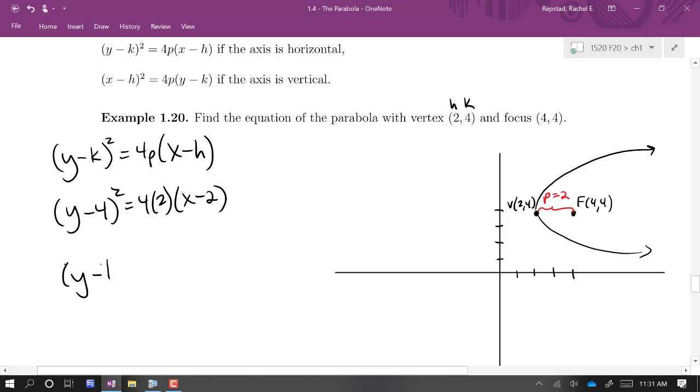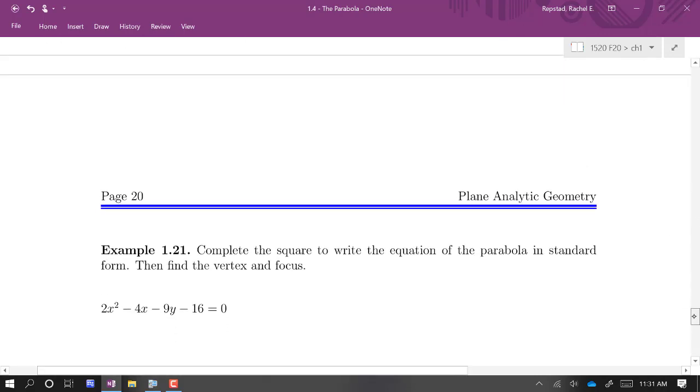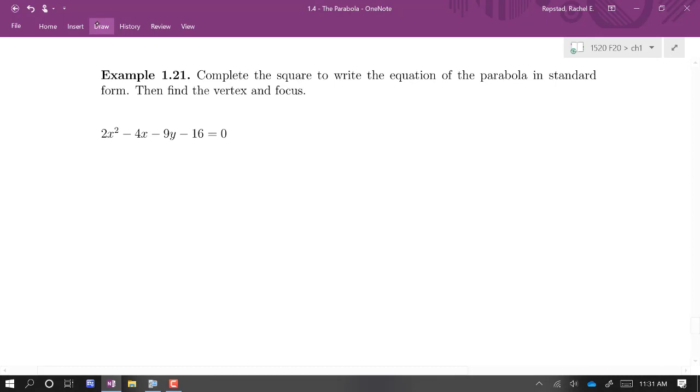And then that's my standard form. (y minus 4) squared equals 8 times (x minus 2).